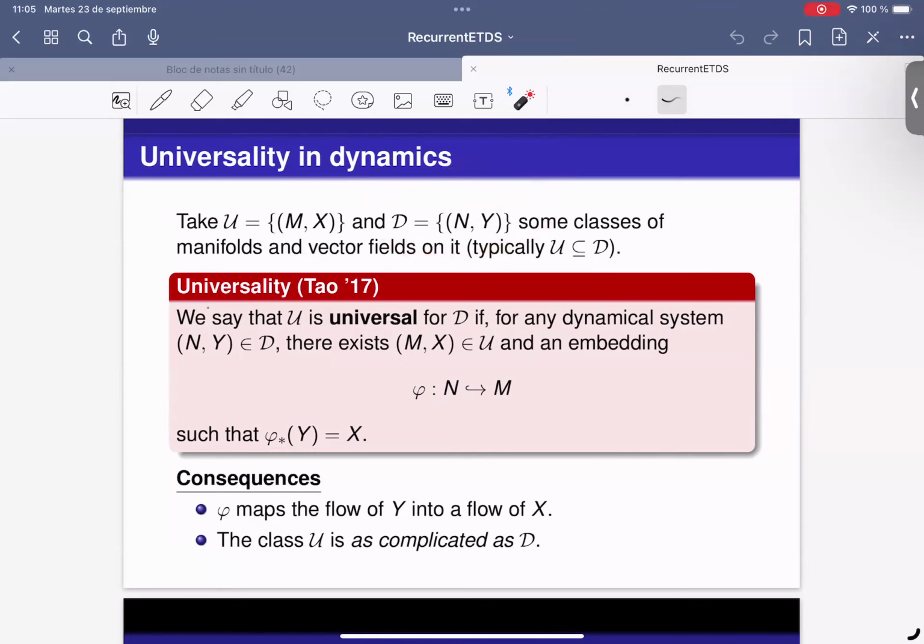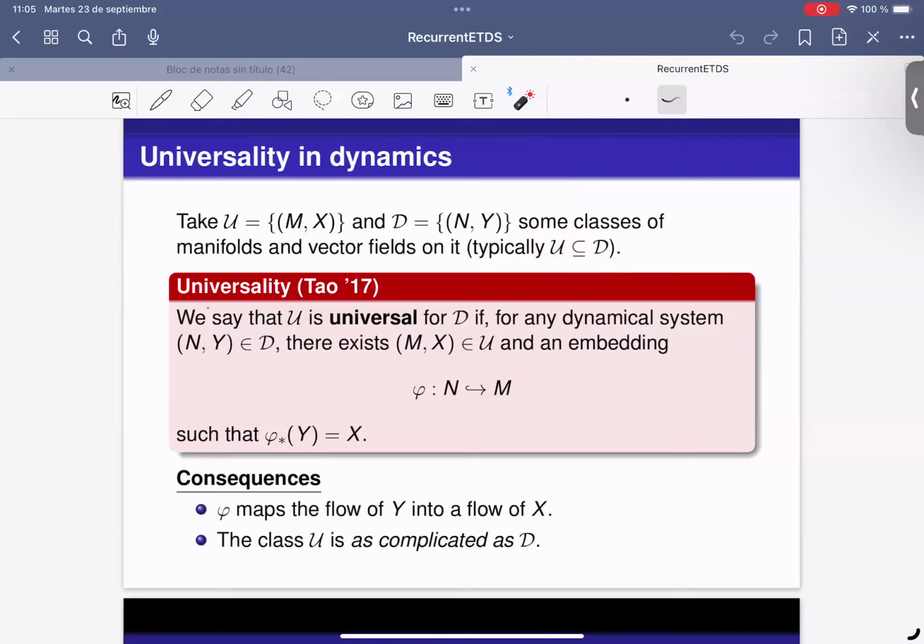And I want to say that something is universal for this class D of dynamical systems. So what is going to be universal? It's another class U of manifolds with vector fields. And typically what happens is that U is actually smaller than D. So it's a proper subset of D.